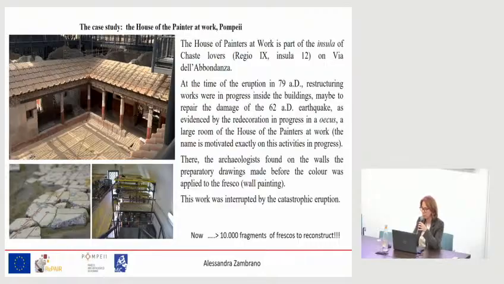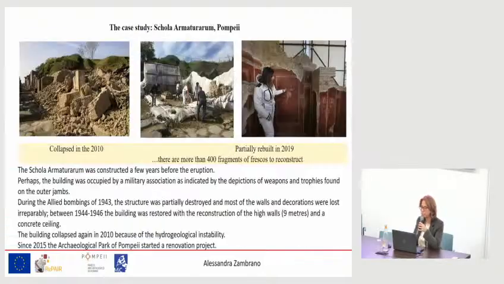The second case study is the Schola Armaturarum. This building was also constructed a few years before the eruption, and perhaps it was occupied by a military association, as we find depictions of weapons on the walls.